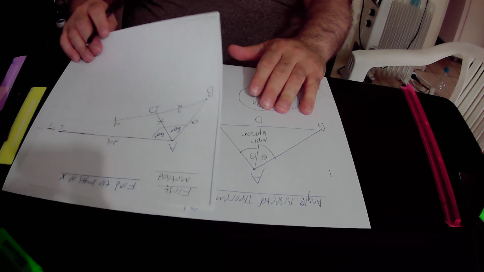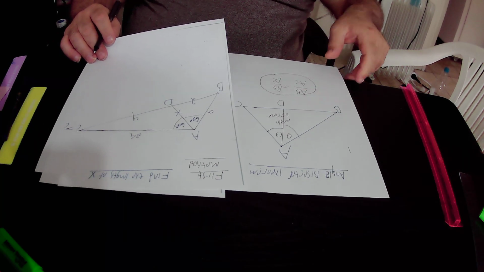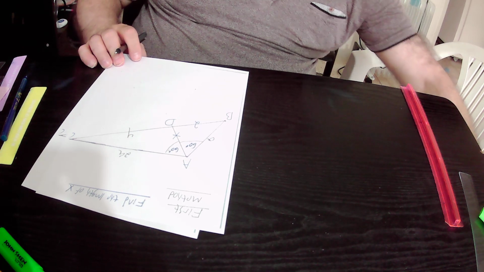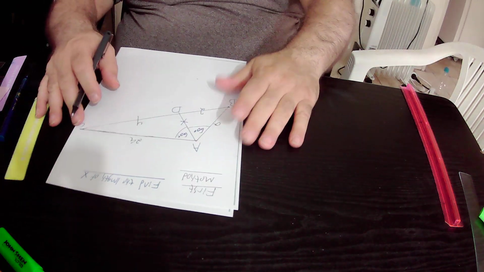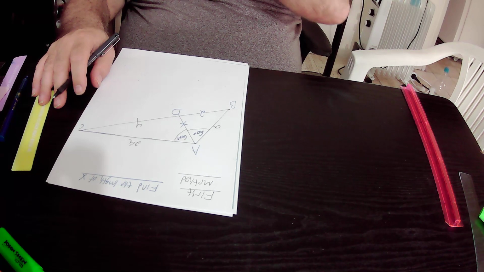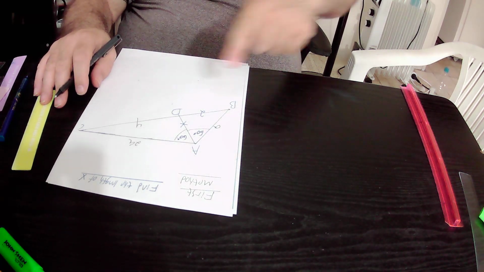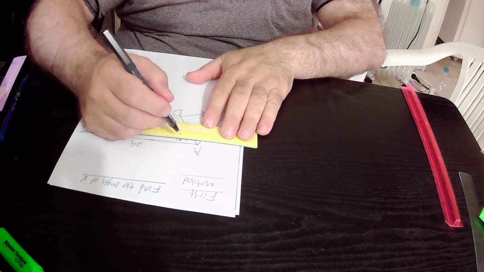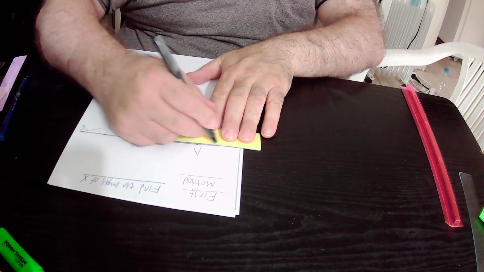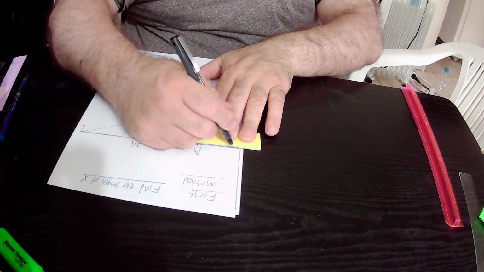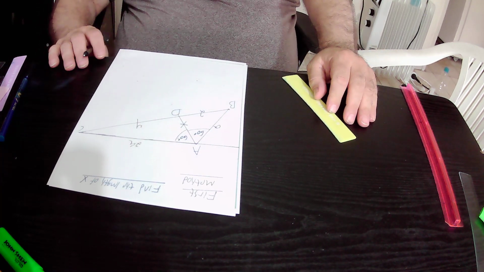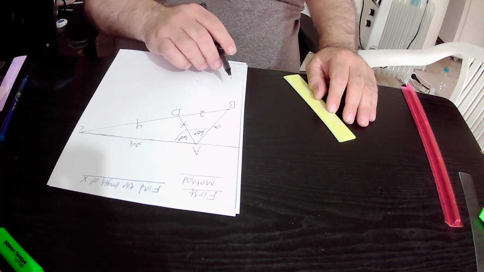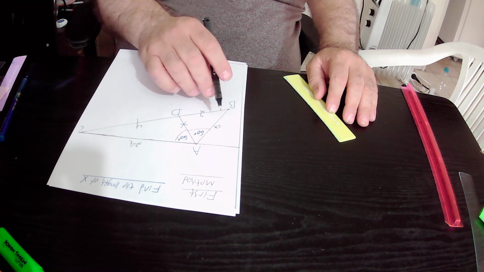And in the next step, we will do a construction. In the first step, we will extend side CA of triangle ABC by a straight line. Okay, and in the next step, from point B, we will draw a perpendicular on the extended line segment CA.